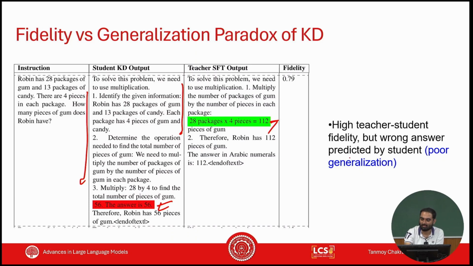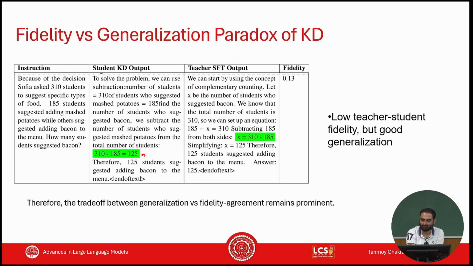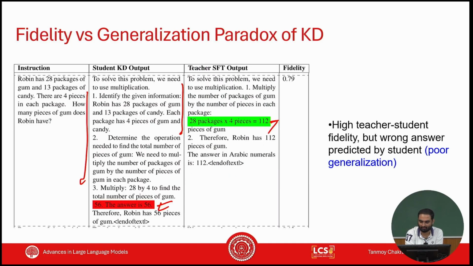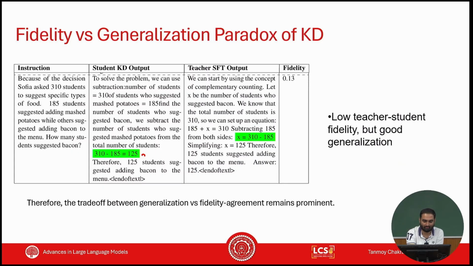So high agreement, but a low fidelity. Here, same. So here I think low fidelity. Here high fidelity, but the wrong answer. The answer is wrong, and here the same answers are produced, but the reasoning steps are different. This is just a sample example.